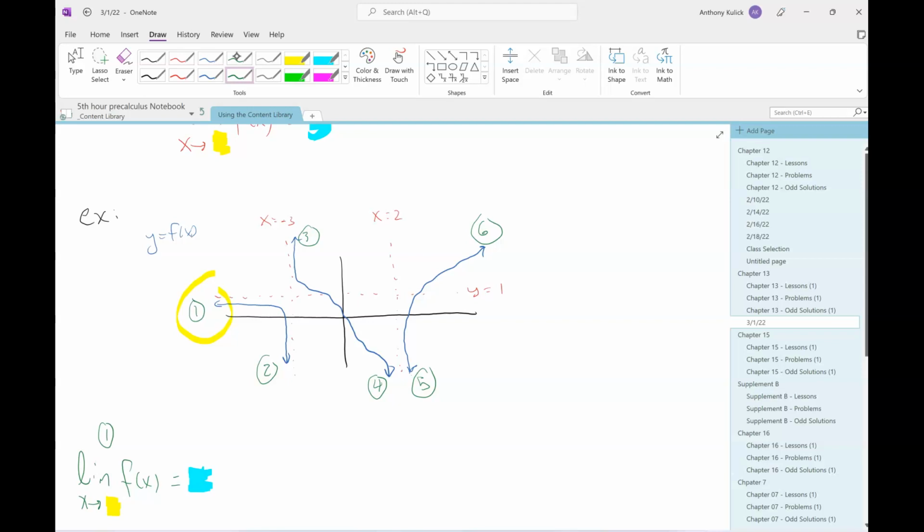So if I look at the arrow that I've labeled with the number 1 and circled in yellow, that arrow is pointing straight to the left. Everybody agree with that?